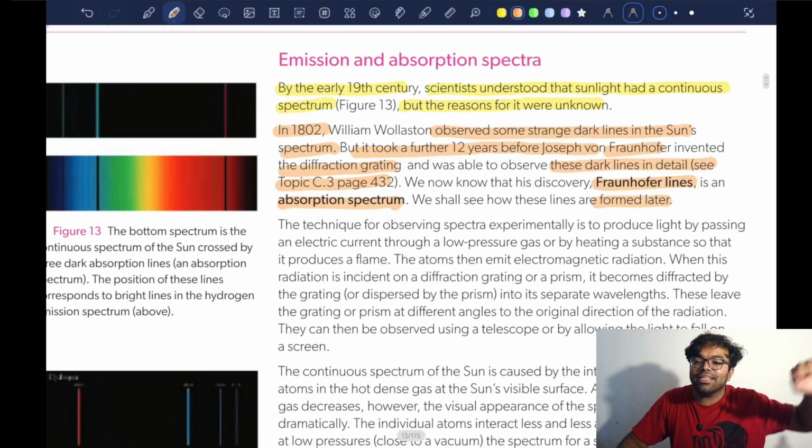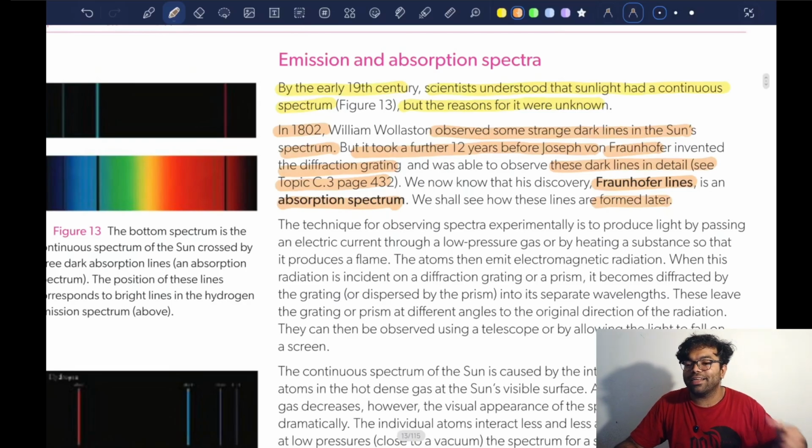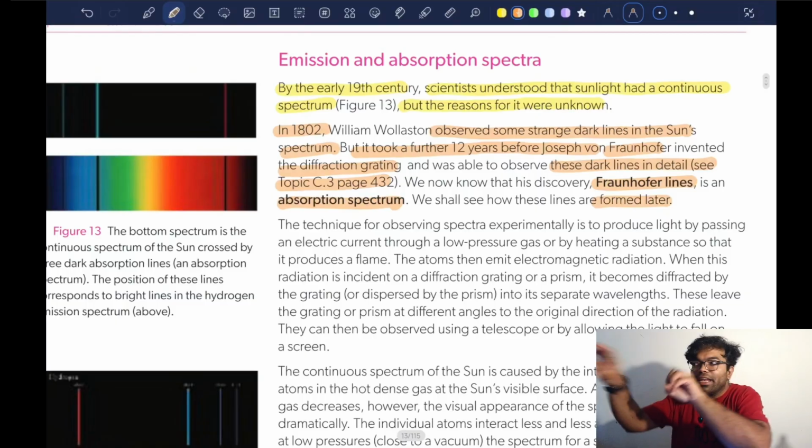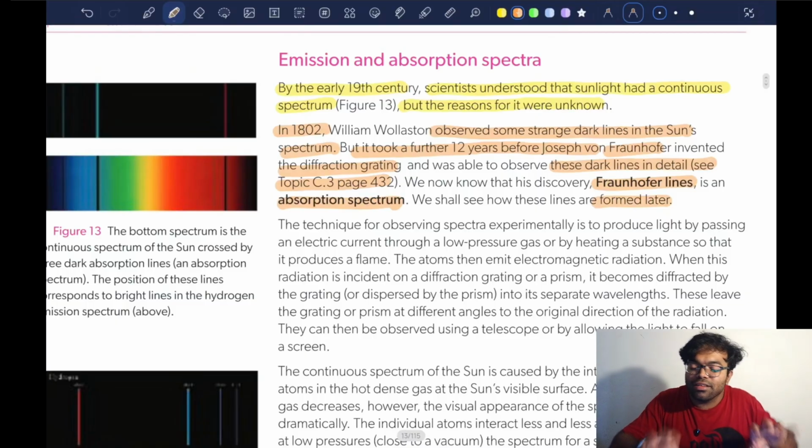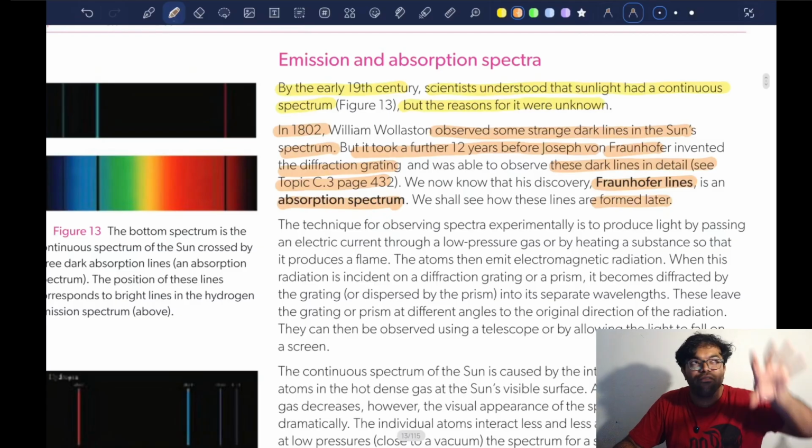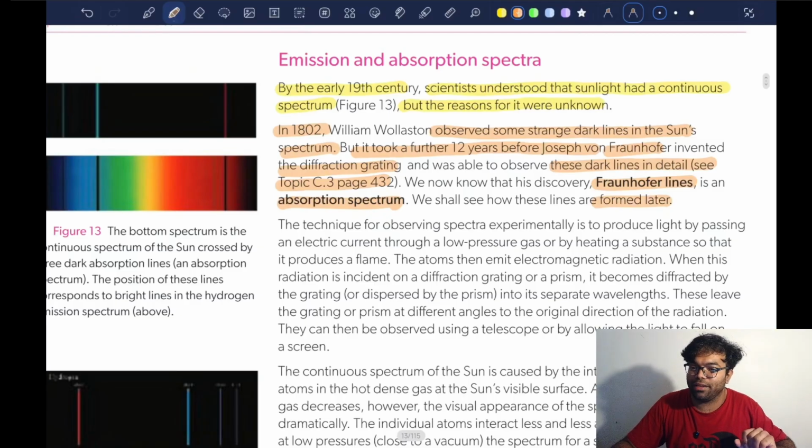These are the missing lines that Fraunhofer basically observed while he was conducting this experiment. He saw that some electrons have taken some energy levels from this huge spectrum, which caused it to have dark lines in between.